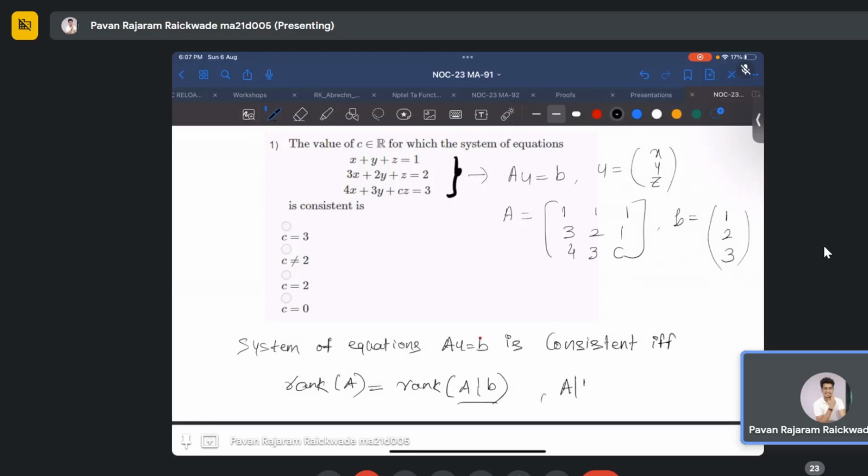It is the matrix A with B added as the next column, right?